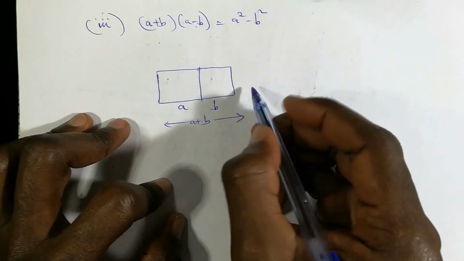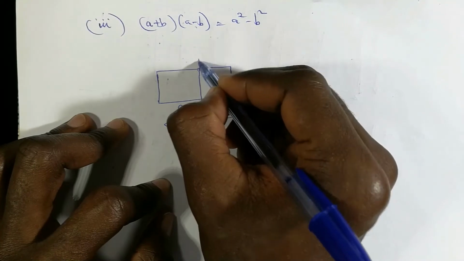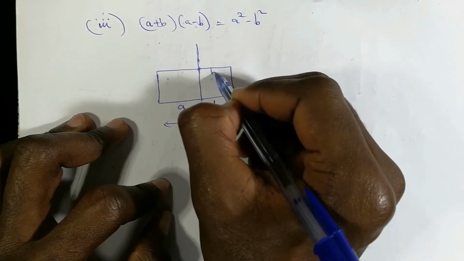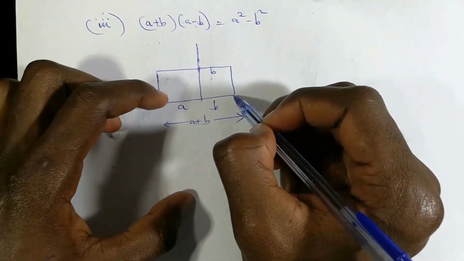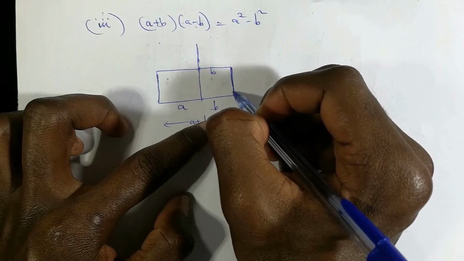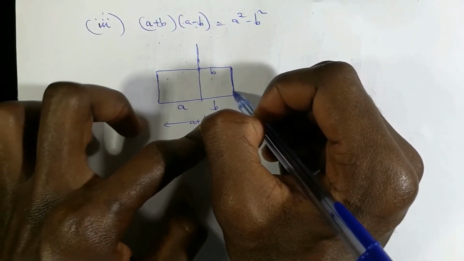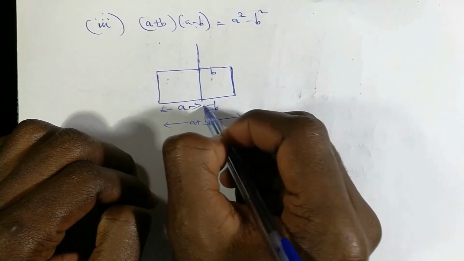I've already created that. Then that means here I also put b. Now I need a minus b. How do we create that? That means we need to make all of this side, let me demarcate that.